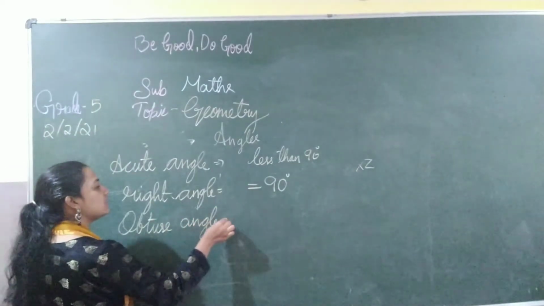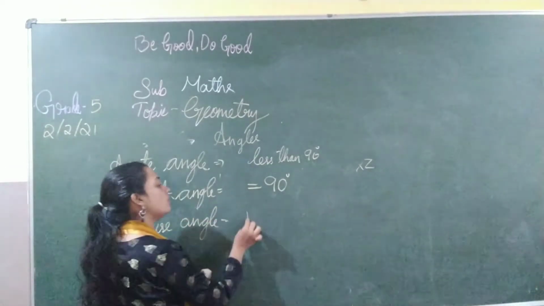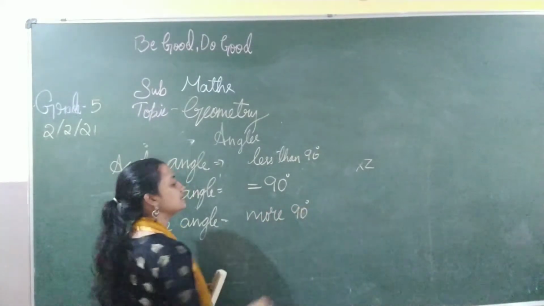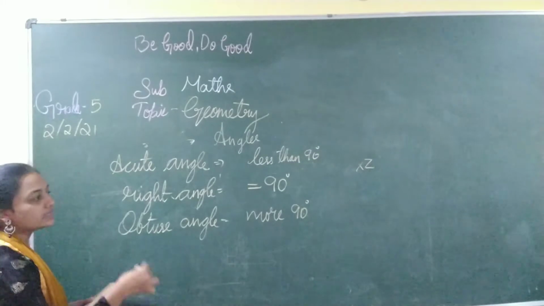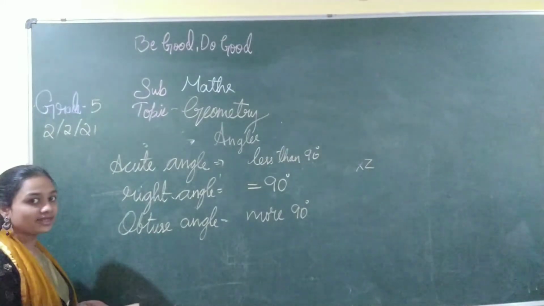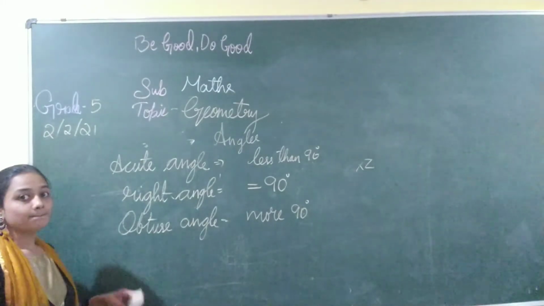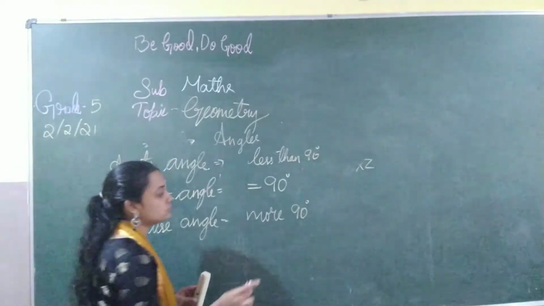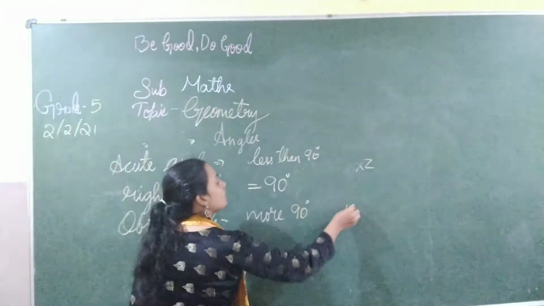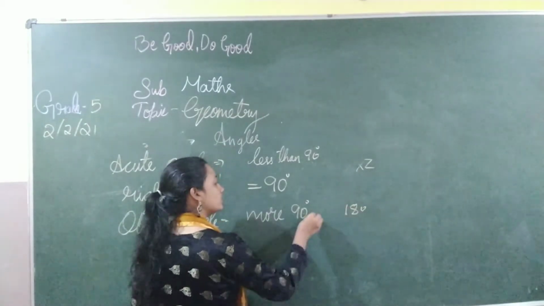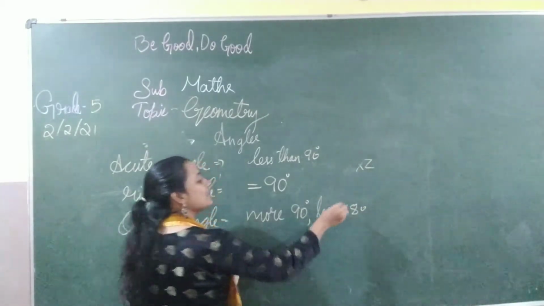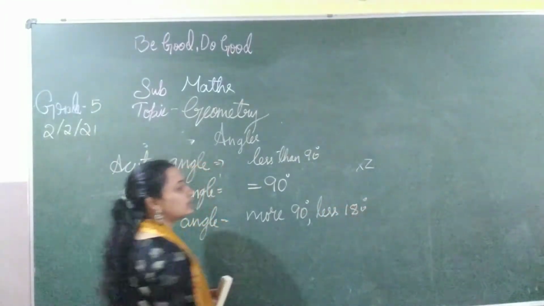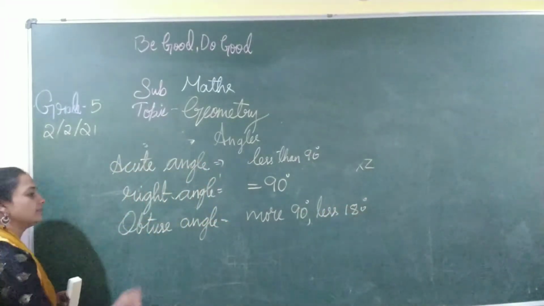Obtuse angle is more than 90, like 91, 110, anything more than 90. But there is some restriction. It should not be more than 180. It should be between 90 and 180. So more than 90 but less than 180 degree. Such type of angles are called obtuse angles.